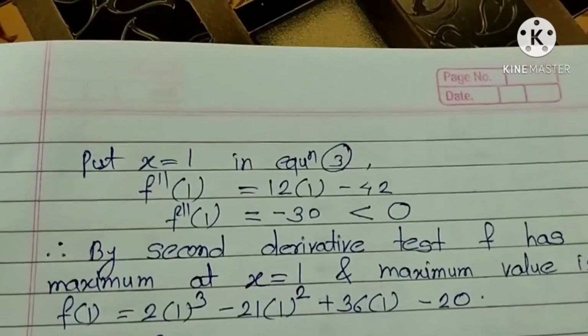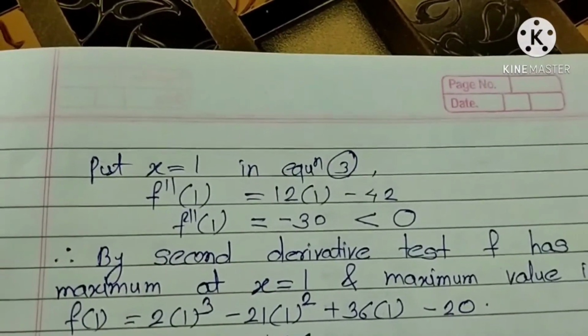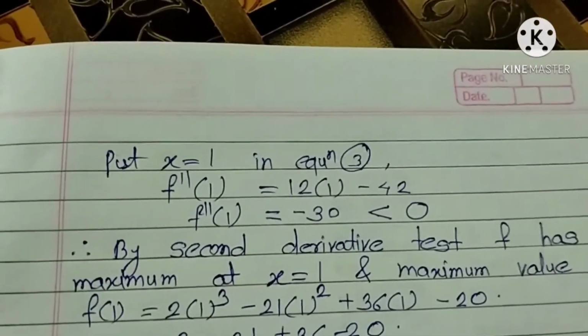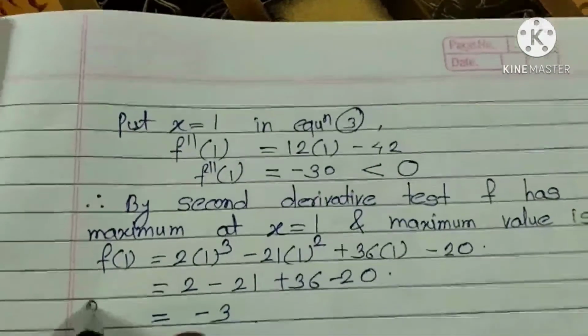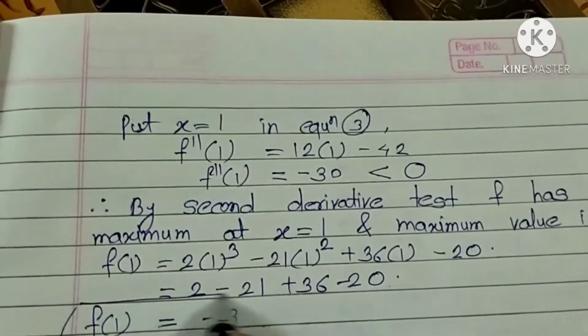Now if we calculate, the value is minus 3. So f of 1 is equal to minus 3.